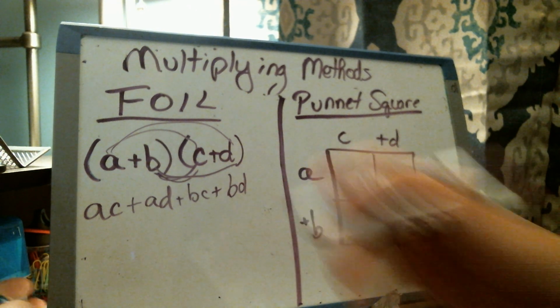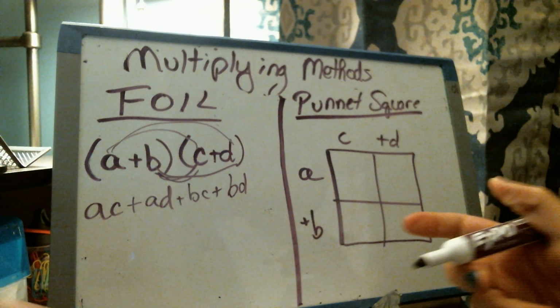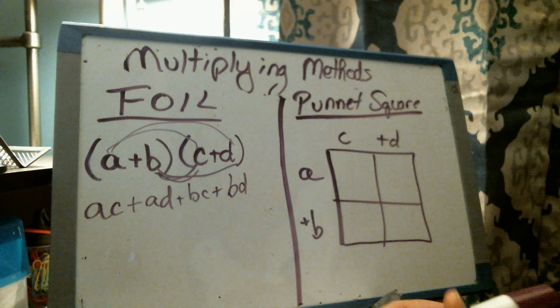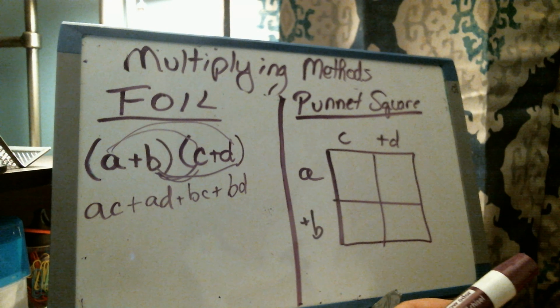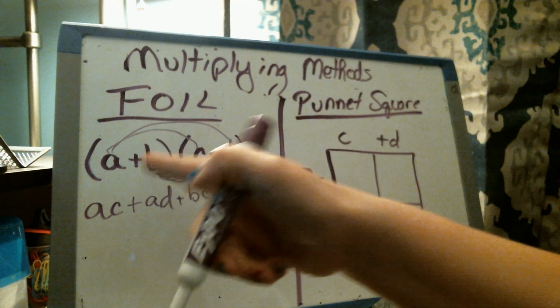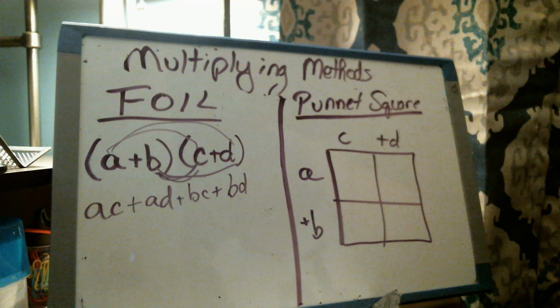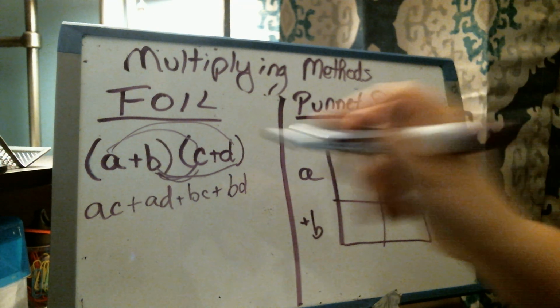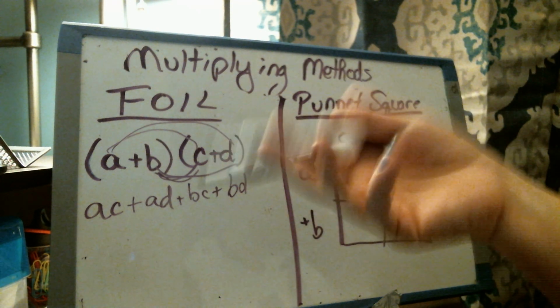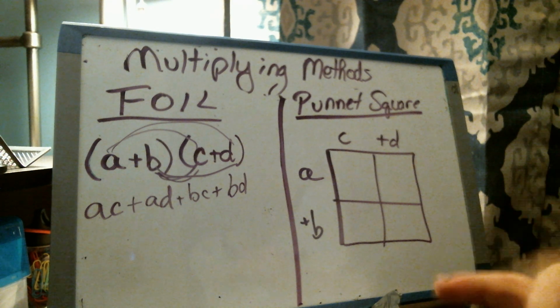Now, obviously, these are going to actually have values assigned to them. So this is the FOIL or double distributive method. And that's pretty much that. We'll show it with some real numbers in just a second.